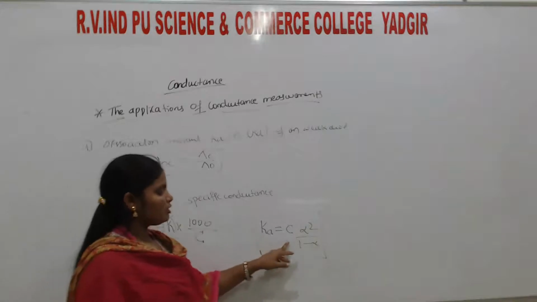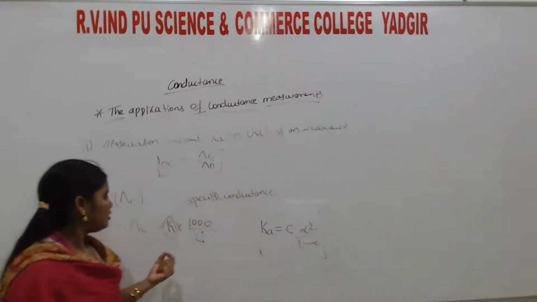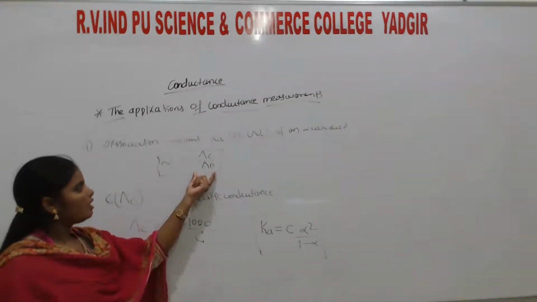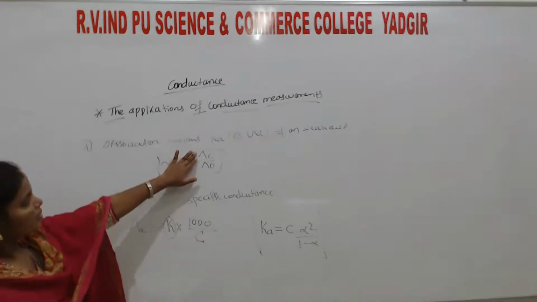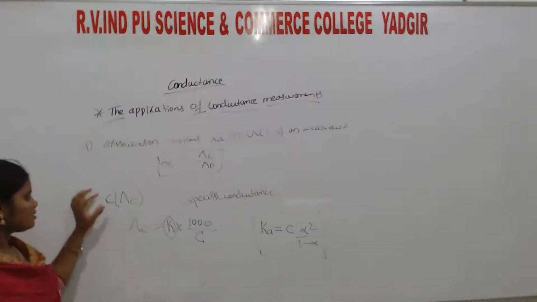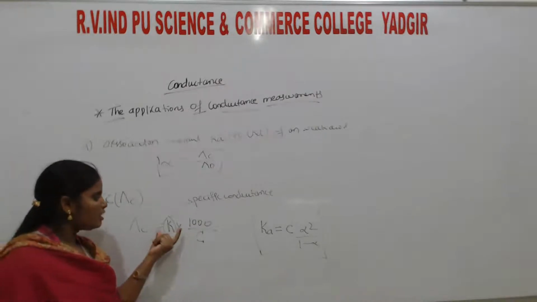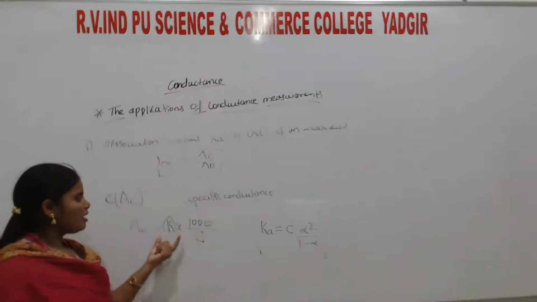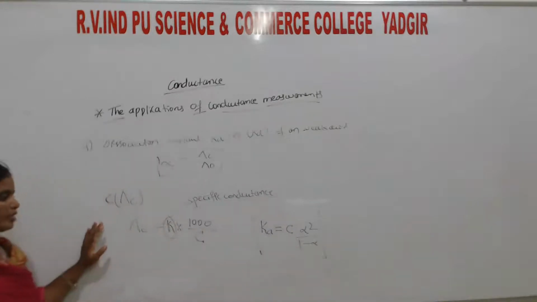Here C is the concentration, alpha is the degree of dissociation, and lambda c is equal to K into 1000 divided by C, where K is the specific conductance.